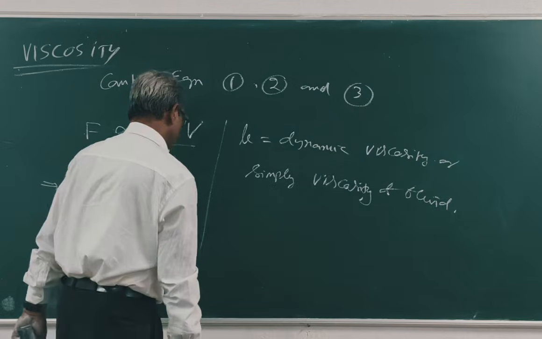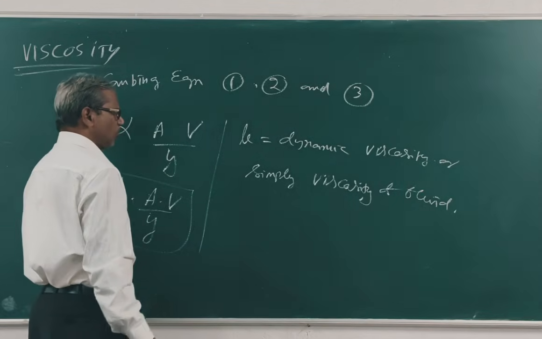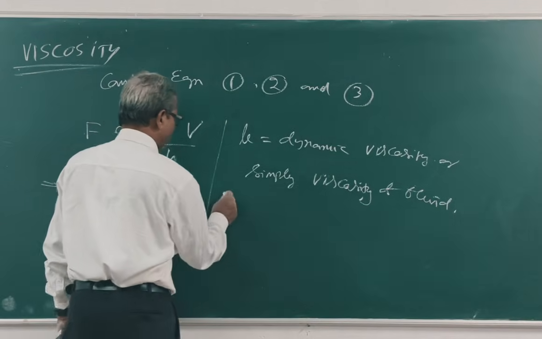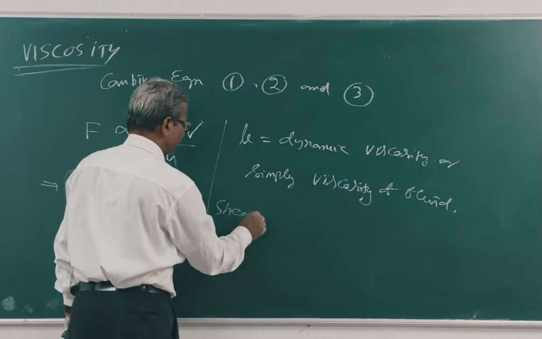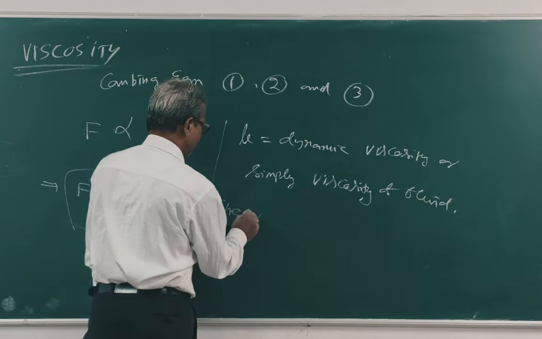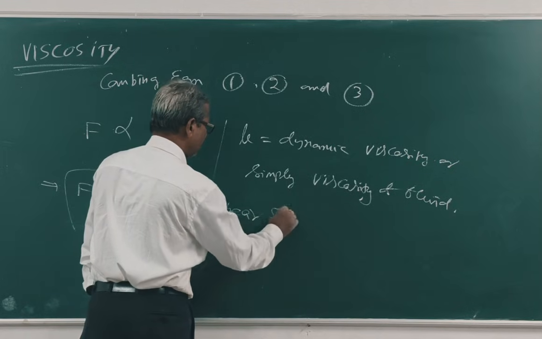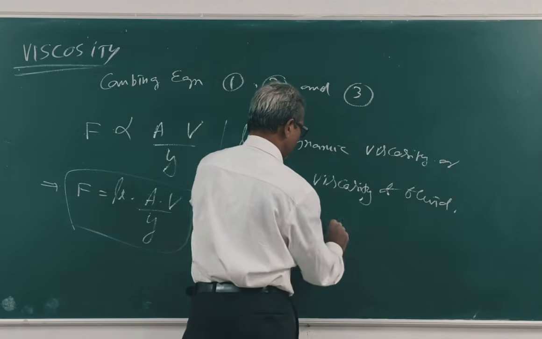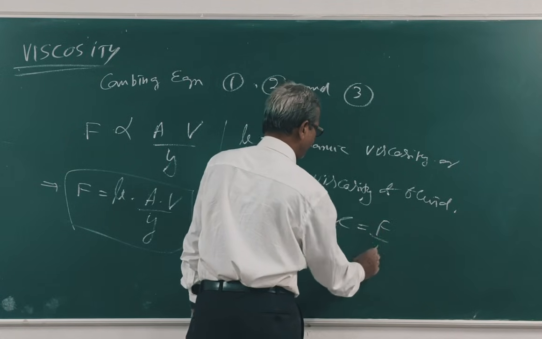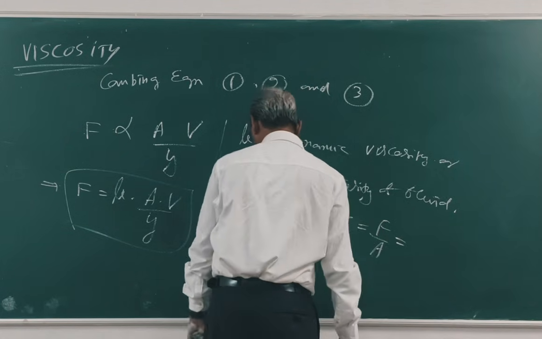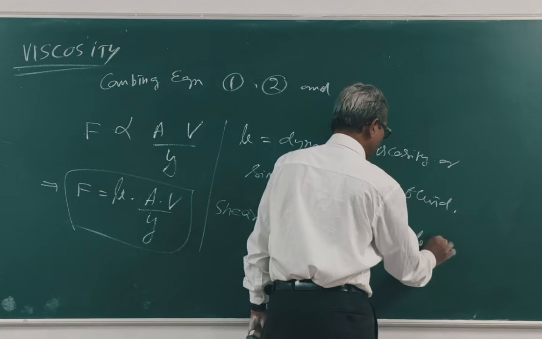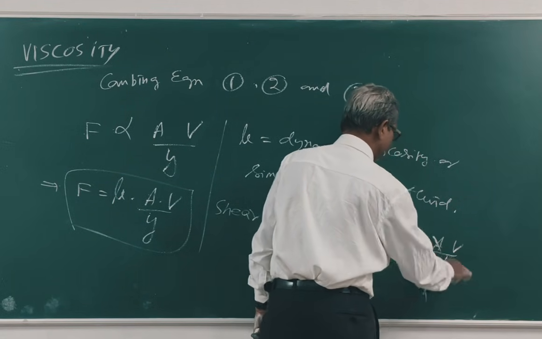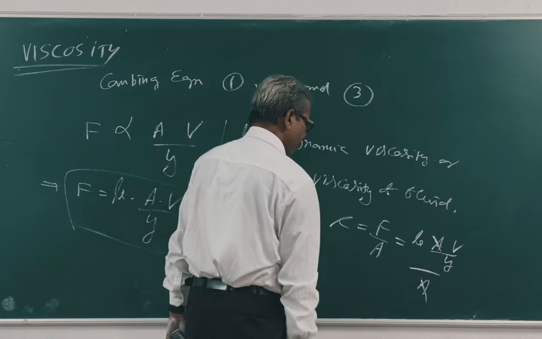Clear? So what is the unit of mu? What is the stress? This is shear force. What is shear stress? Tau is equal to F by A. What is F? Mu A v by y, divided by A. Clear?